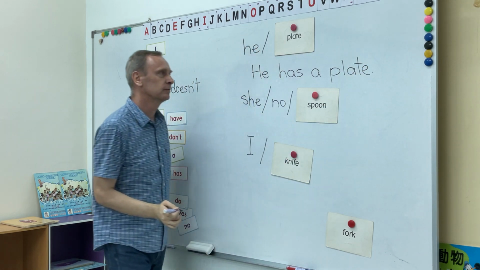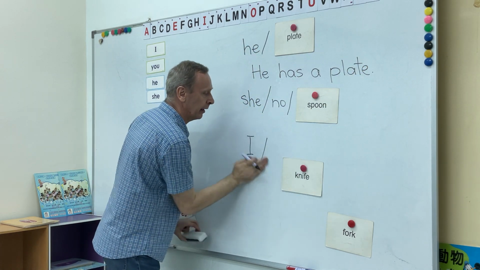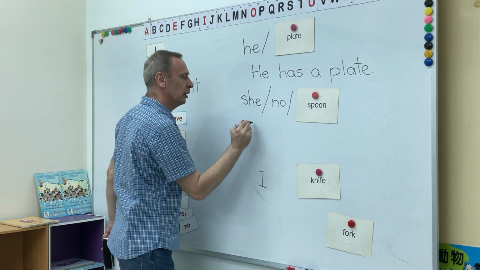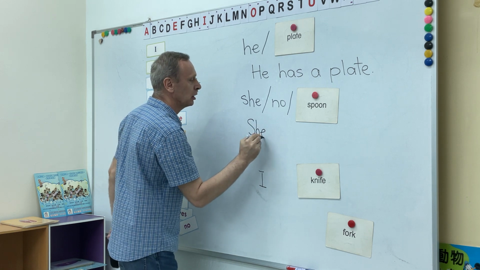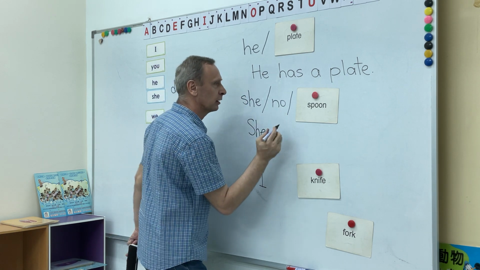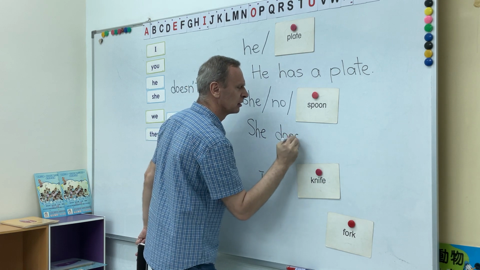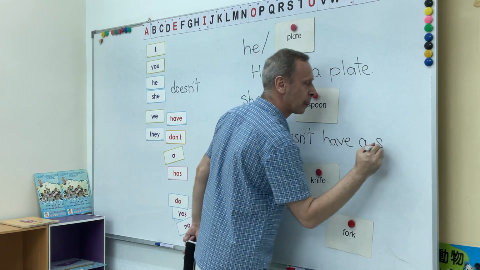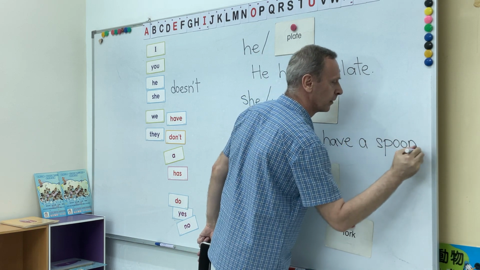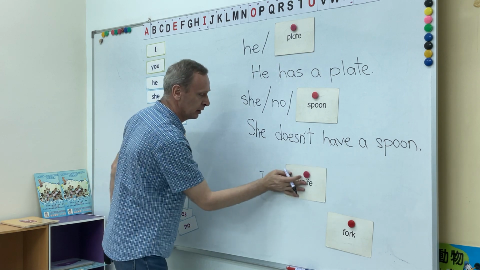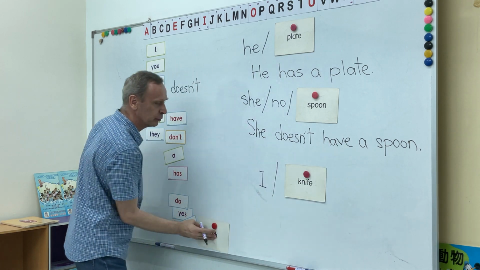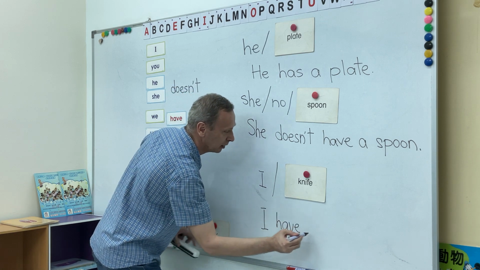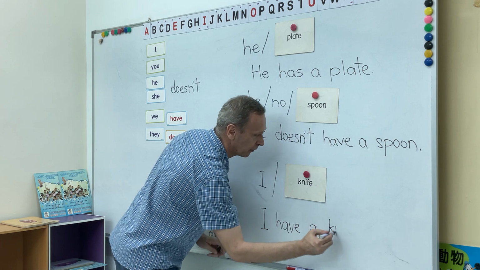If it's a girl and doesn't have a spoon, you will write like this. She doesn't have a spoon. And the last one, I and the knife, we just do like this. I have a knife.